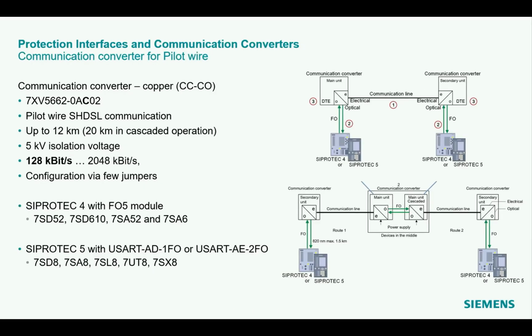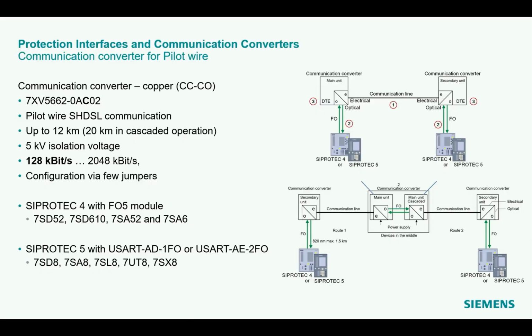Line differential protection can also be transmitted using a pilot wire, which is a pair of twisted copper wires. There's also a need for a communication converter in this application. The order code you can see here.